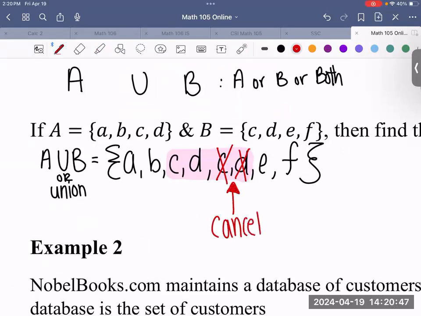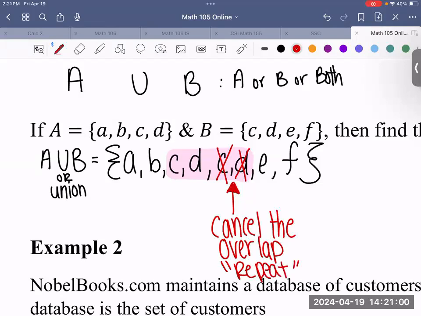Cancel the overlap, the repeat. And I'm going to be saying that throughout our chapters 6, 7, and 8. Anytime you have a repeating value, if it's been overcounted, overinflated, we're going to subtract it out or just cancel it out.